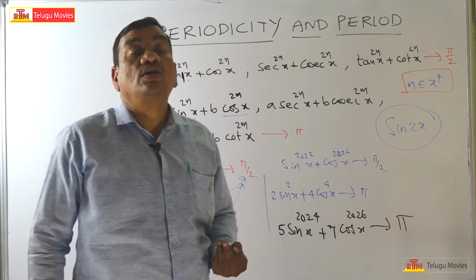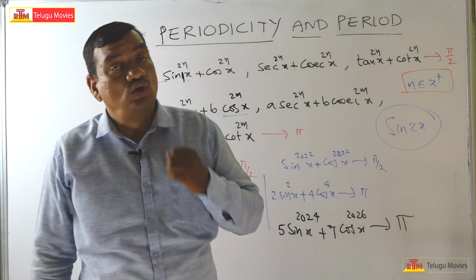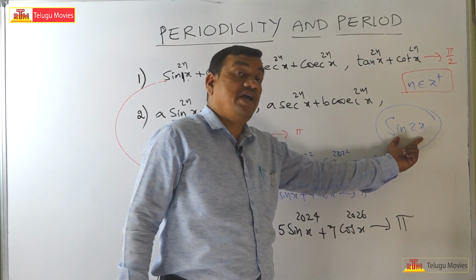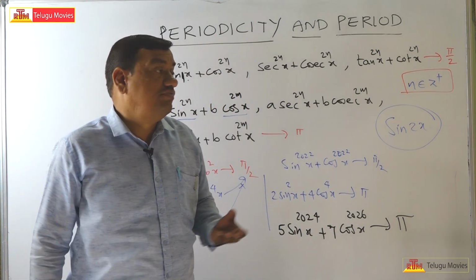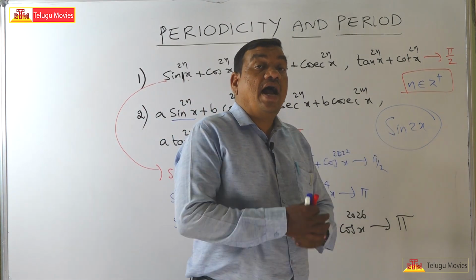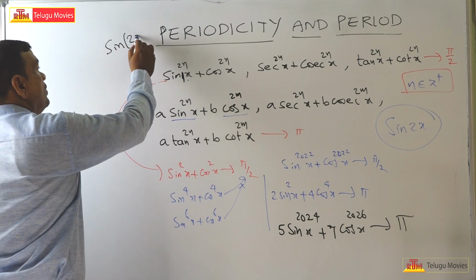I hope that you understand today's concept and you enjoyed it. In tomorrow's class, I am going to explain when the x coefficient is other than 1, that is, if 2 is there, 3 is there, what about the period of sin of 2x plus 3.